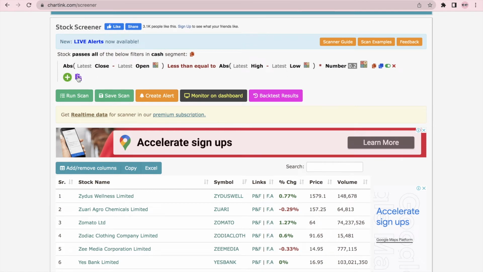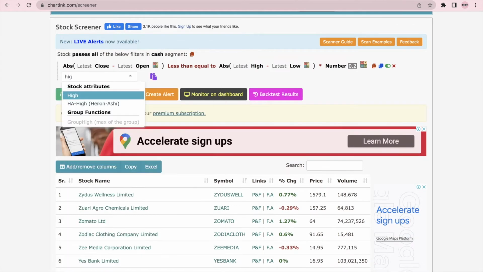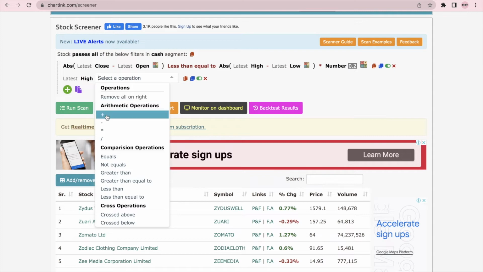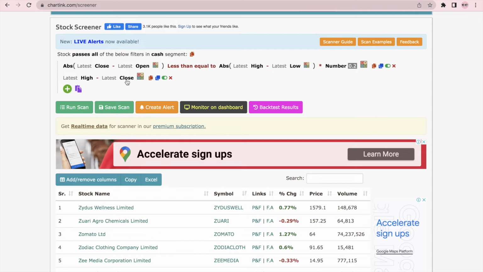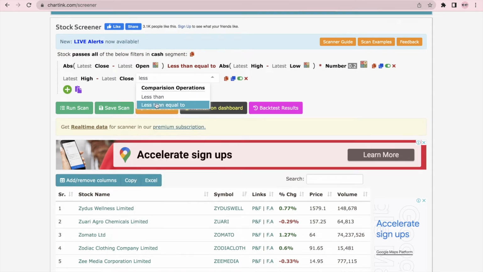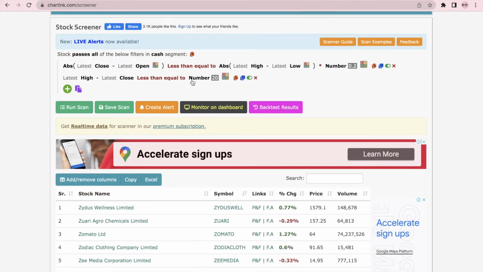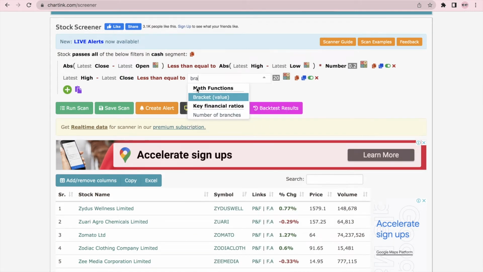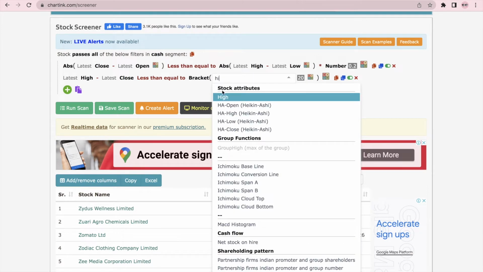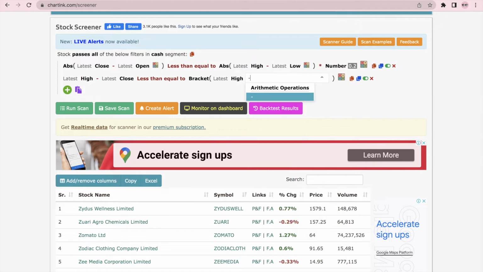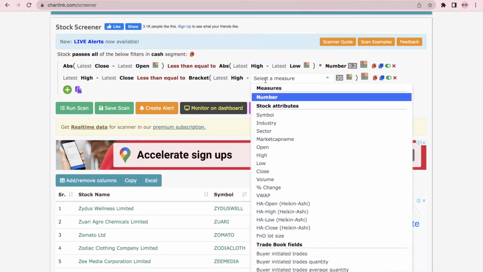So here we'll say high minus close is less than equal to bracket high minus low.